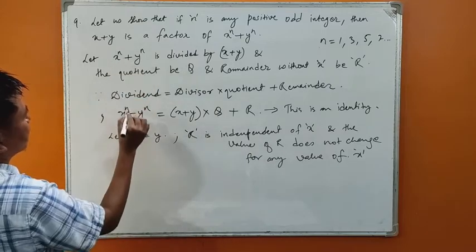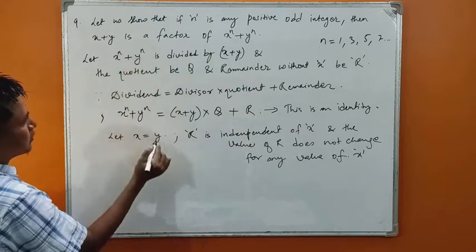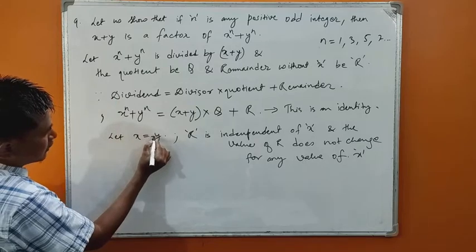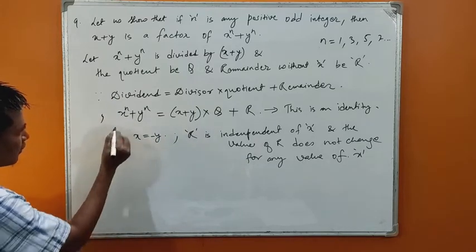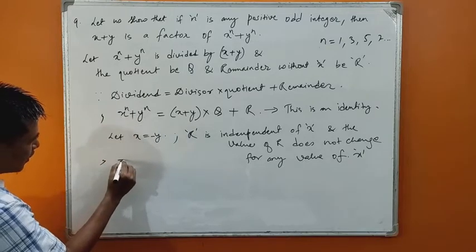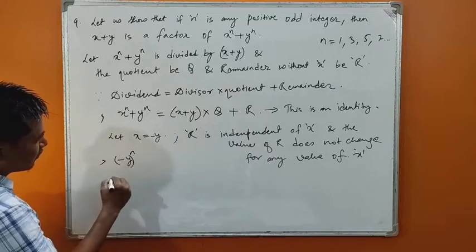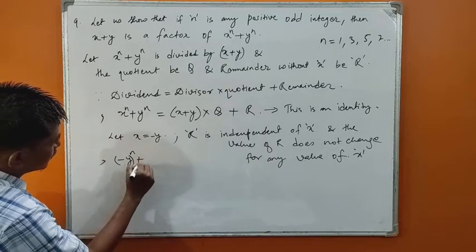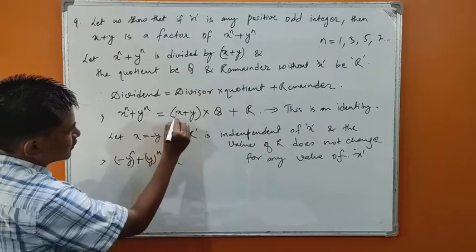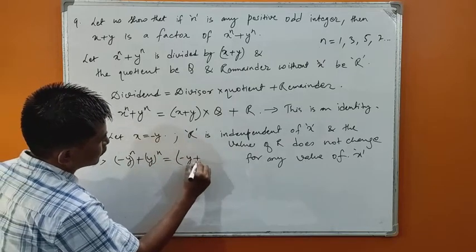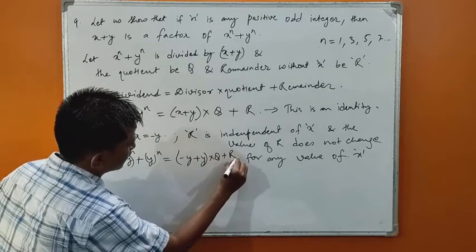Here we have x to the power n plus y to the power n. Let's suppose x equals minus y. Now let's put the value: x to the power n means minus y whole to the power n, isn't it? Minus y whole to the power n plus y to the power n equals x, which means minus y plus y, into q plus r.